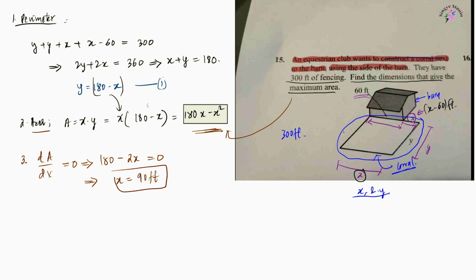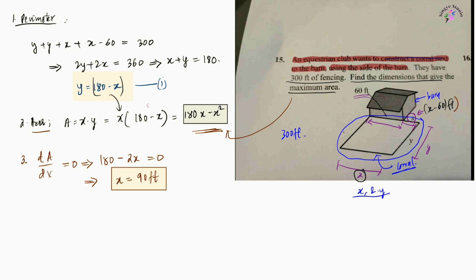So this is one of the critical points. Now we have to check that at x equals 90 feet, the rectangle will have the maximum area. And we also have to find y, the other dimension, because if we have x, then we can easily find the y value from this function, right?